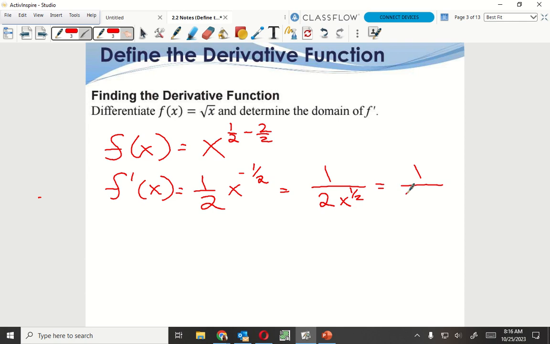I'm hoping you guys could actually see here. You can see this a little bit clearly now. Because I want to find the domain of this. What can I not have in the domain? Or, I'm sorry, what can I not have there? Because I have a radical.